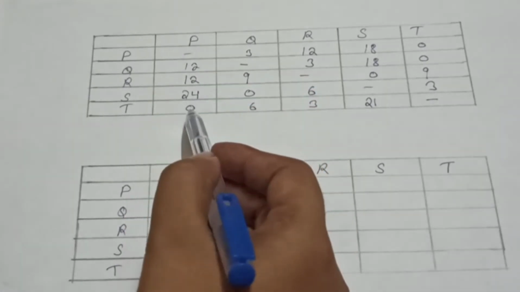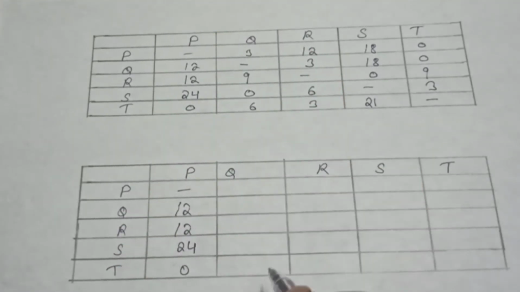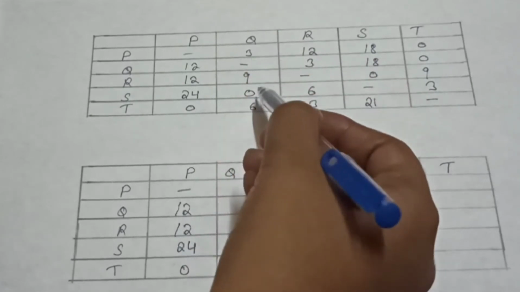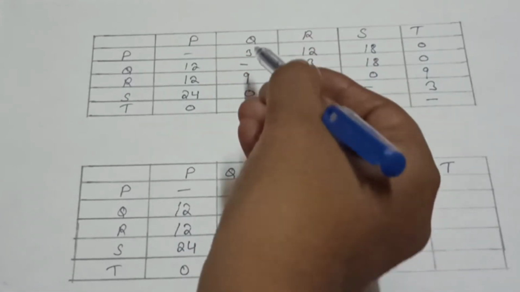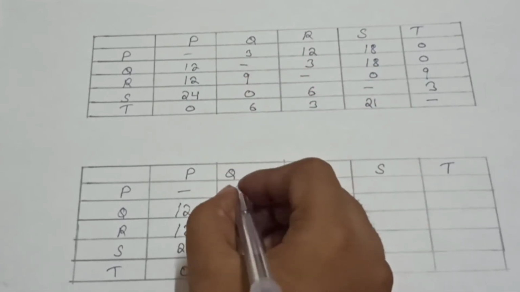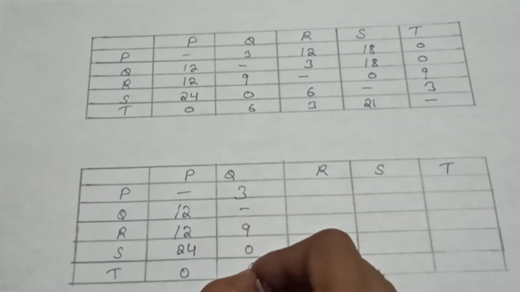After subtracting 0, all elements will remain the same. In the next column, 0 is the minimum element. If we subtract 0 from all these elements, then all elements will remain the same. So we can say here 3, hyphen, 9, 0, 6.